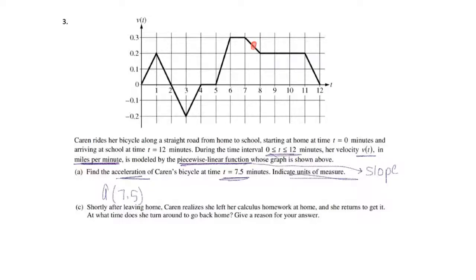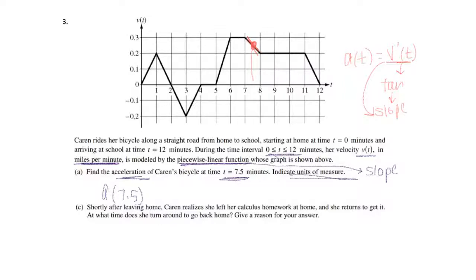But remember, the acceleration function is the derivative of your velocity function. And if we talk about derivative, we talk about tangent lines and their slopes. So at the end of the day, if I want the acceleration at 7.5, I just need the slope of that line, because acceleration is the derivative of velocity, and derivative gives us the slope of a tangent line.